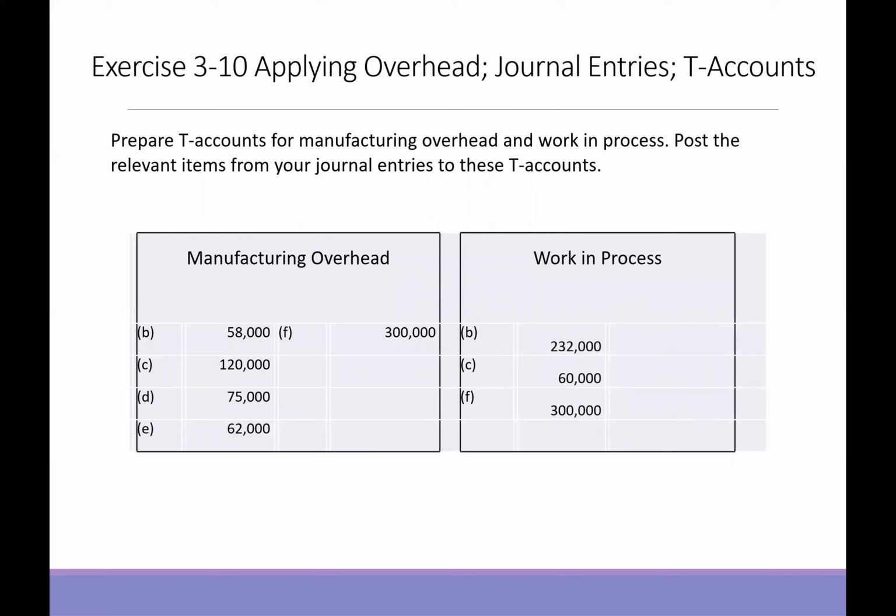So then to take those journal entries and post them to the accounts, we're posting the ones that go into manufacturing overhead and the ones that go into work in process.